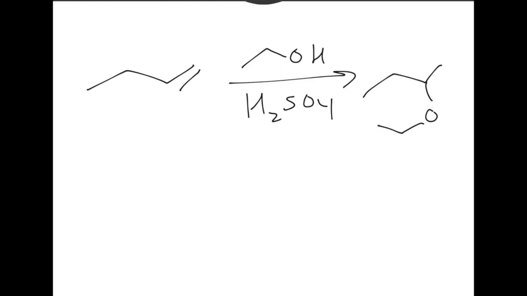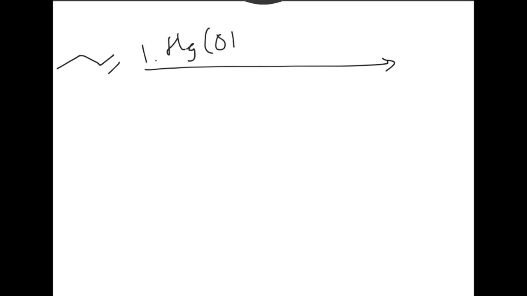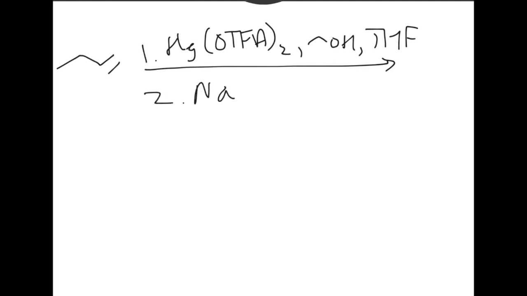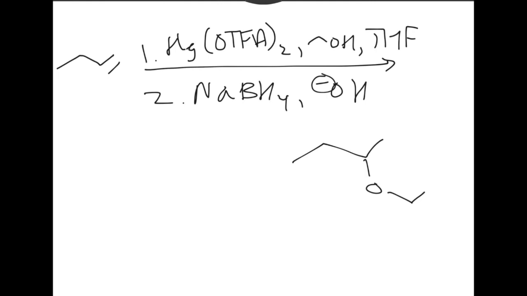So I want to do this with mercury, long arrow, mercury OTFA 2, alcohol, THF, and again, sodium borohydride, hydroxide, and that will make an ether.